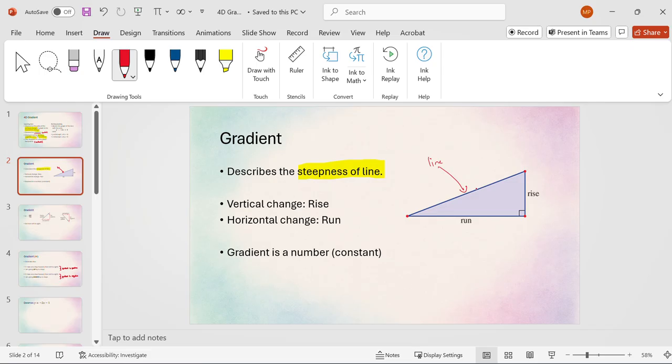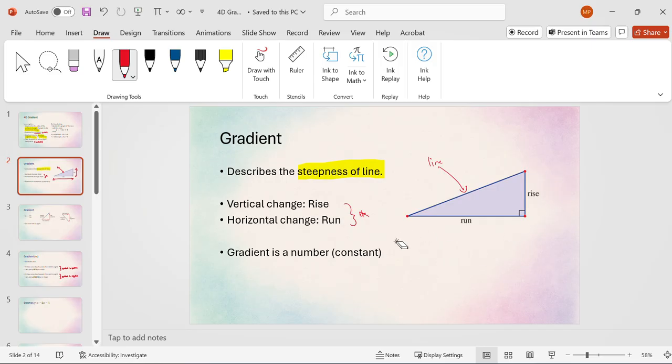But there's something that we use to help find how steep this line actually is. Okay. We use something called the vertical change, aka the rise, and then the horizontal change, which is the run. So as you can see, the run is just the distance between here to here, and then rise is up and down, just like that, okay?